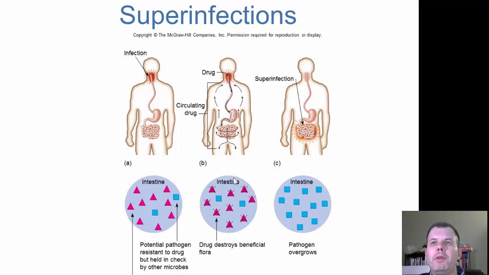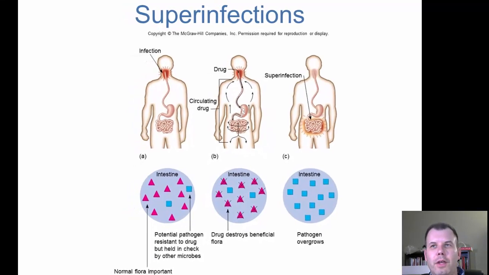You eliminate the normal flora, and now these pathogens have all kinds of room to grow and spread, and you get severe diarrhea. So you're getting diarrhea from Clostridium because now the pathogen can grow that the normal flora kept in check. That's called a superinfection. Basically, it's an infection resulting from taking antibiotics. You've let the pathogens overgrow in areas where your normal flora used to take care of it, but now you got rid of that, so these infections take place.